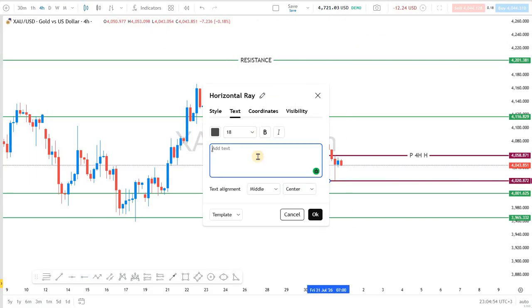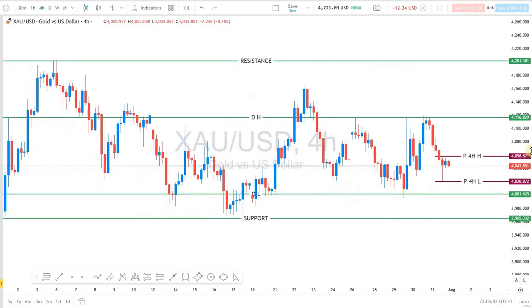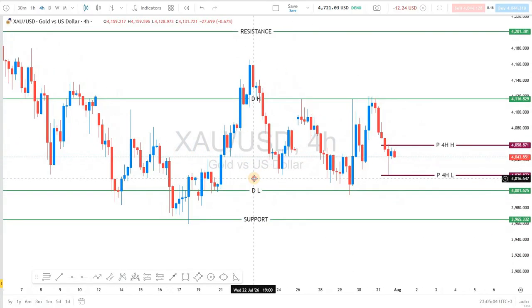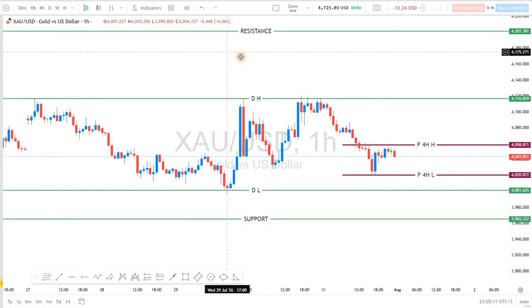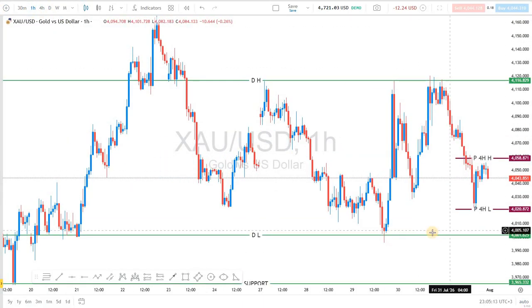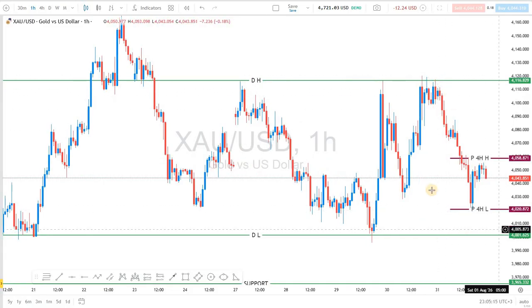After marking that, the current market is not showing us the direction where it's going, so we zoom into our time frame. But you can see the current move is bearish.